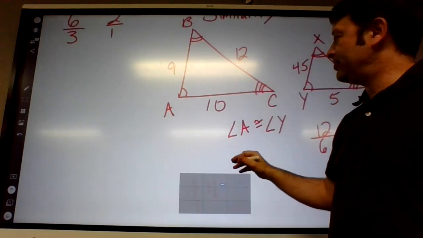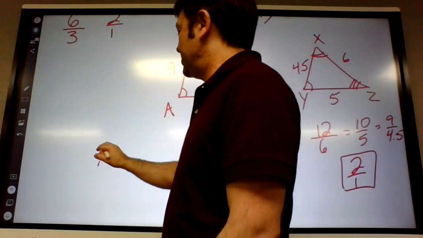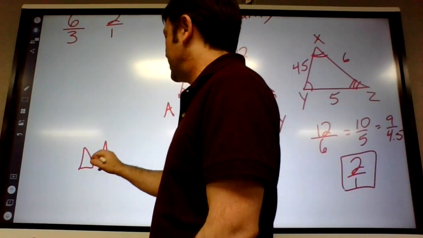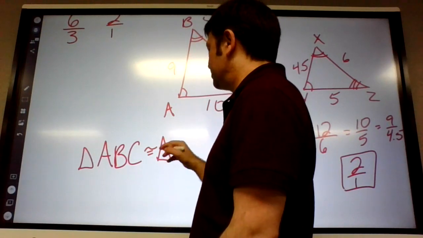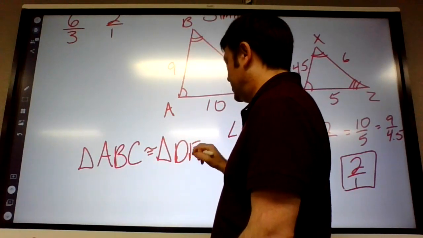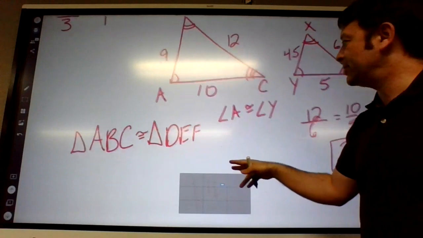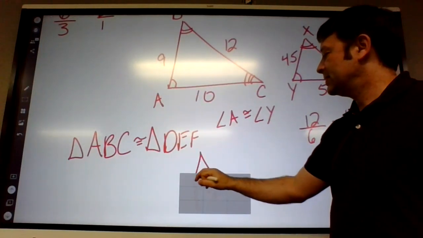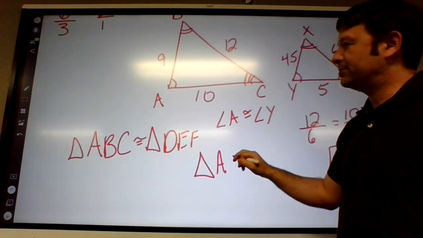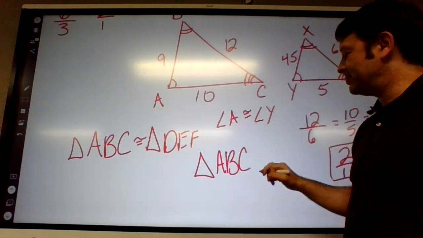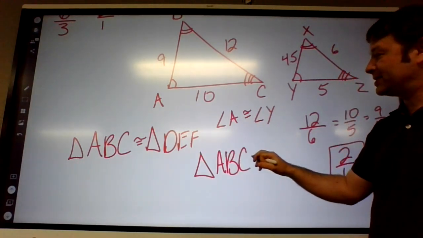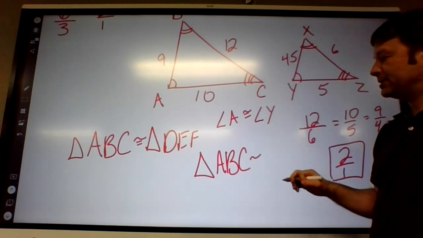You guys remember back in the congruent triangles chapter, how we wrote a congruence statement, like triangle ABC is congruent to triangle DEF. There's something similar with similar triangles. The similar symbol is a squiggly.